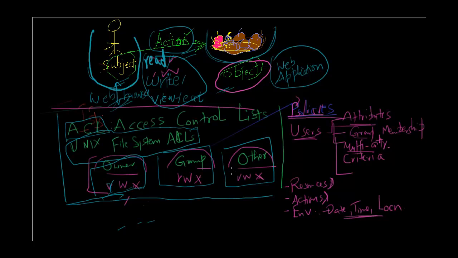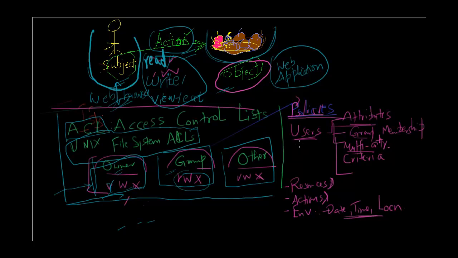Similarly for the group and the others. I don't think those details are important so much as to know that the access management paradigm has the ability to specify for a subject, either the owner or the owner group, a predefined set of verbs or actions: read, write, or execute on an object. In this particular case, the object would be the particular file or folder to which this permission bit is set.